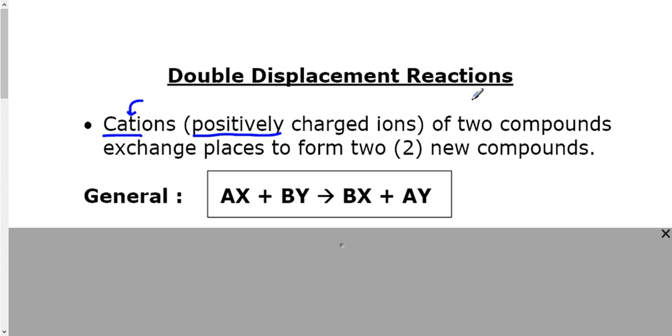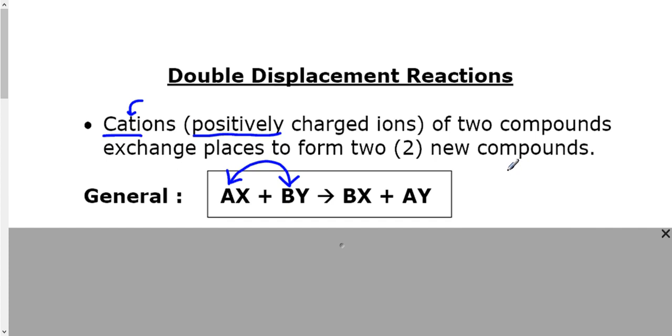Another way of thinking about it is you're doing a partner swap. You've got two people paired up, and one partner is going to swap with another. So if we look at a general equation, partner A and partner B are going to switch and have new anions, the negatively charged ions, which are X and Y.